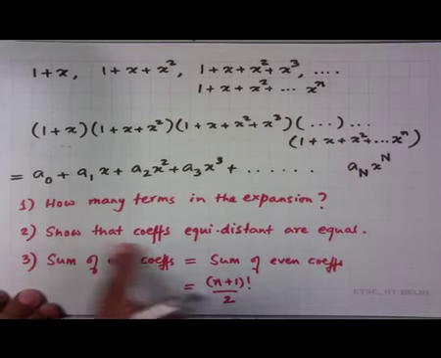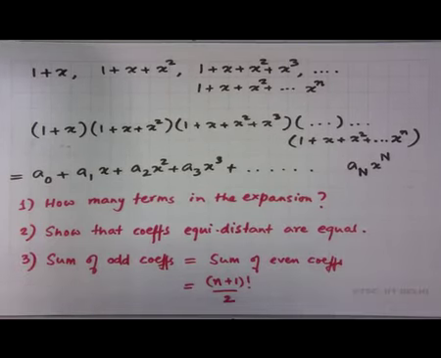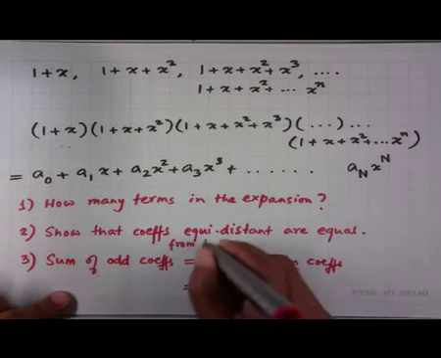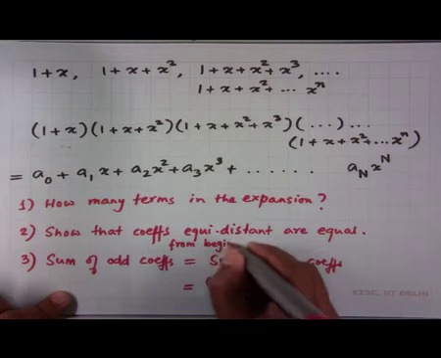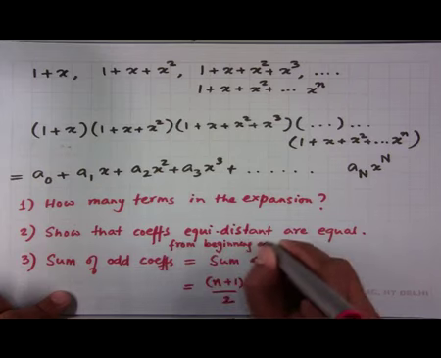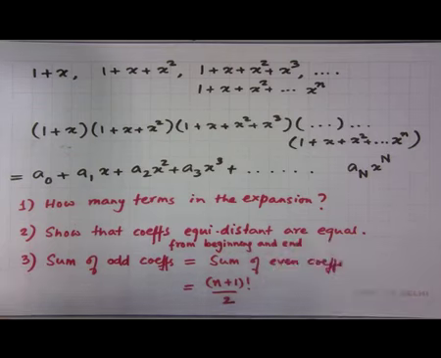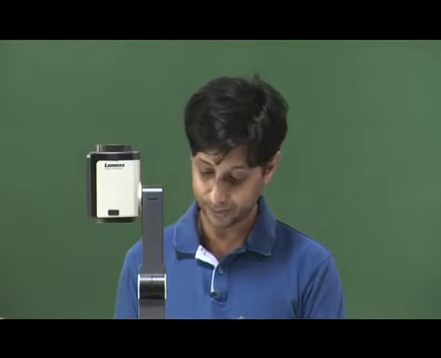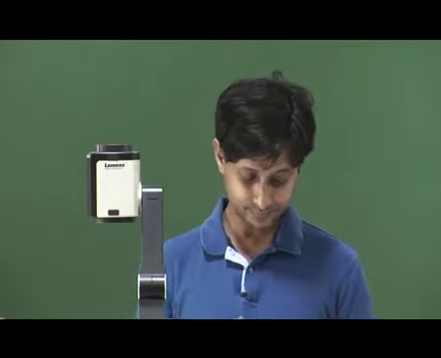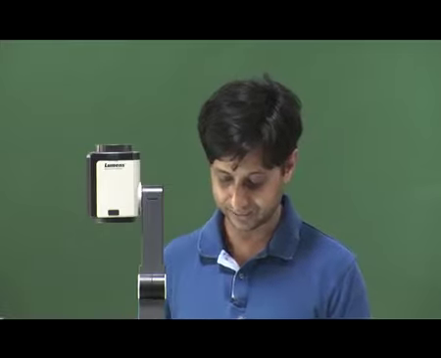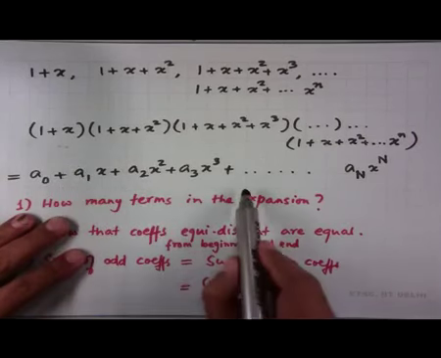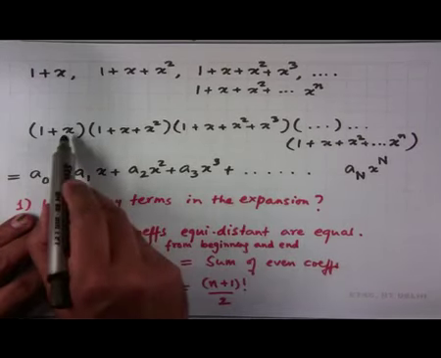Now, can you show that the coefficients equidistant from the beginning and from the end are equal? How will you do that? It is not too difficult, right. All you have to do is work out one sequence with x and one sequence with 1 by x.